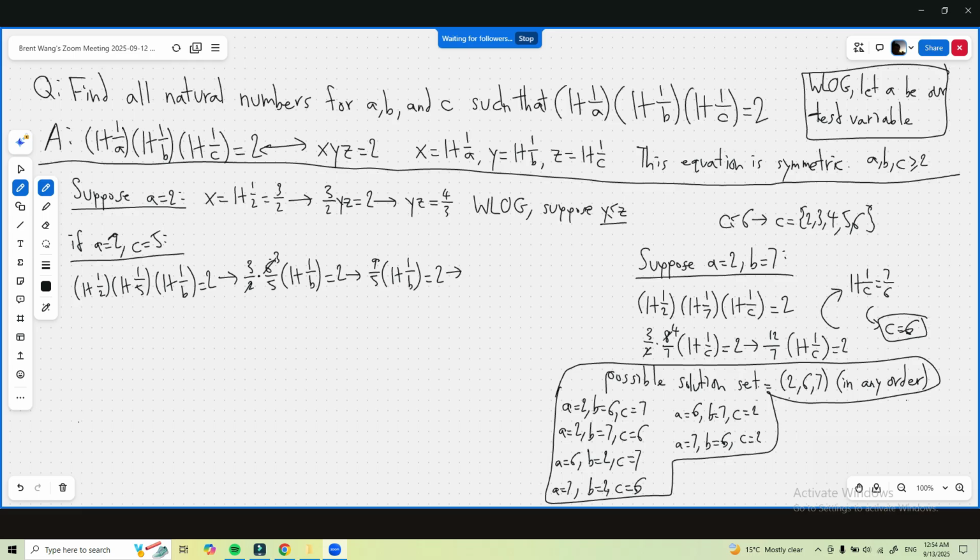So then 1 plus 1 over b would equal 10 over 9. And then b would equal 9. So another possible solution set would be 2, 5, and 9 in any order.